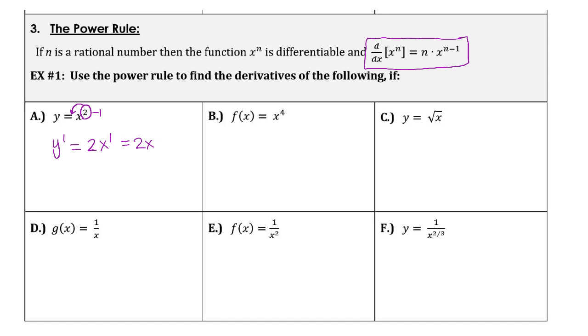Now we do that because you're never asked to find the slope of a parabola, right? The graph of y equals x squared is going to be a parabola, right? We don't have a slope of a parabola. That's nonsense.